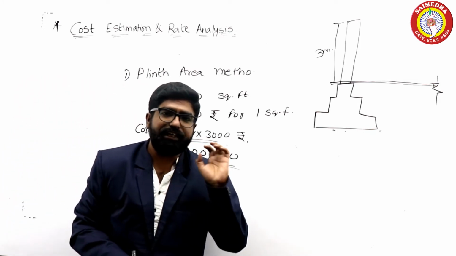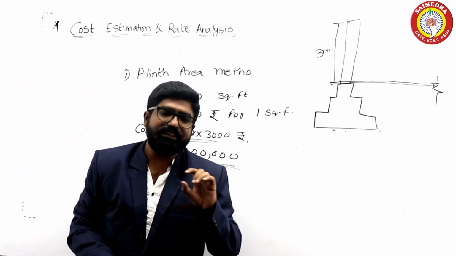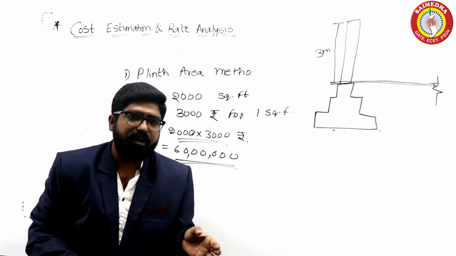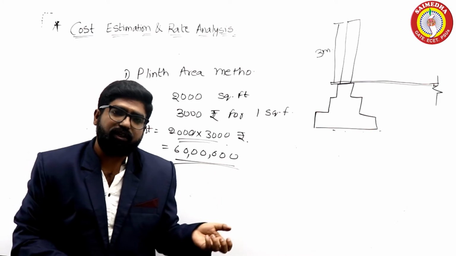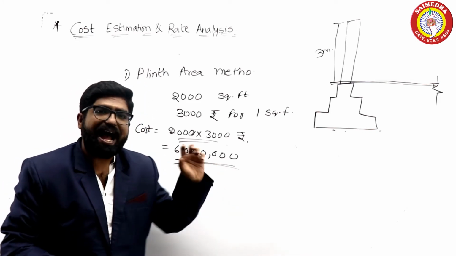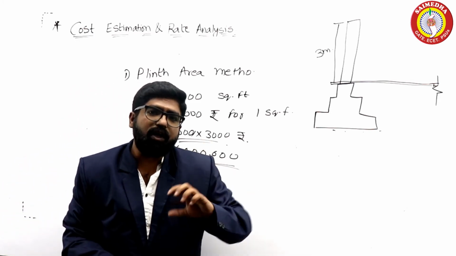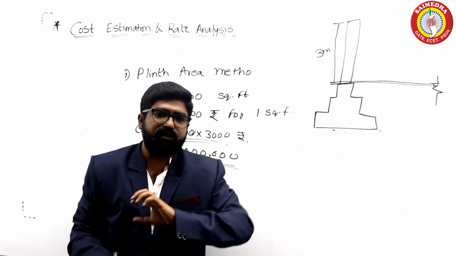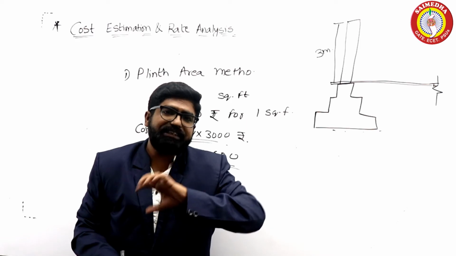But as the plinth area method is an approximate method of calculating the overall cost of the project, we need to add some overheads. So what are the overheads? Actually, this cost determines only the cost of construction by civil works.